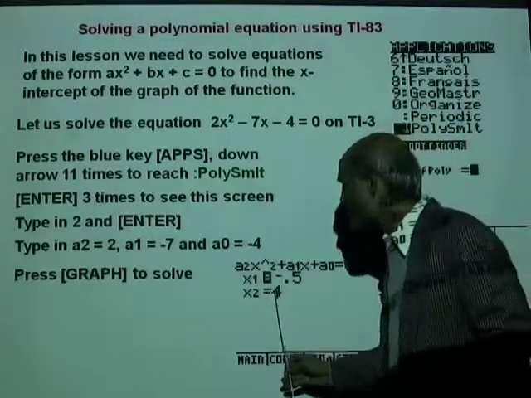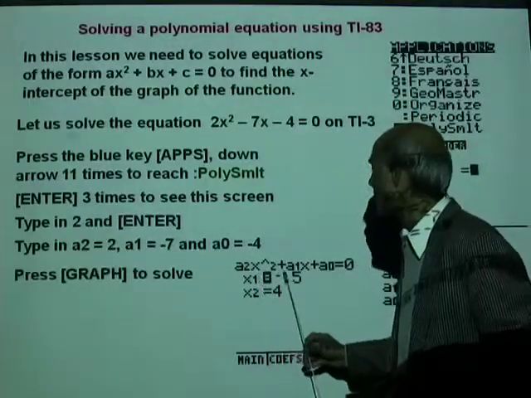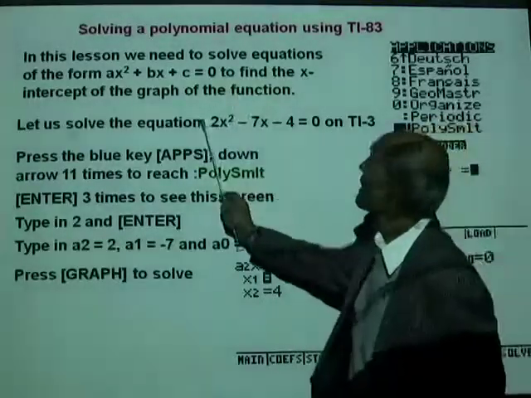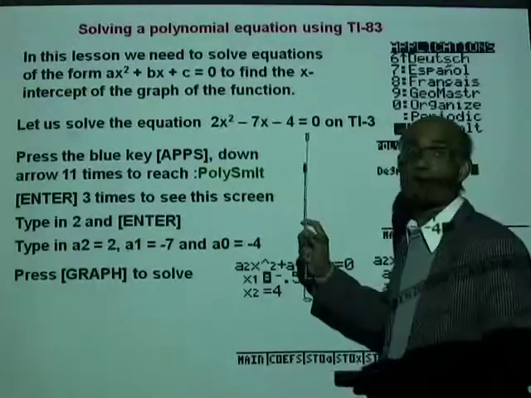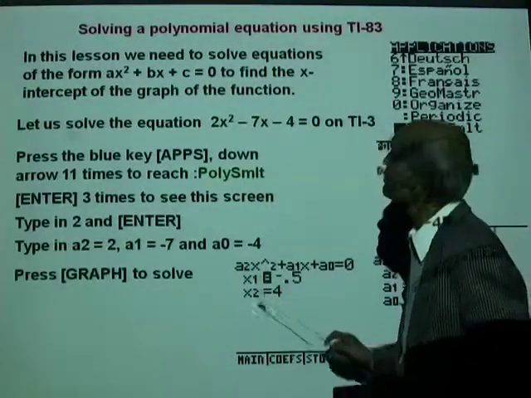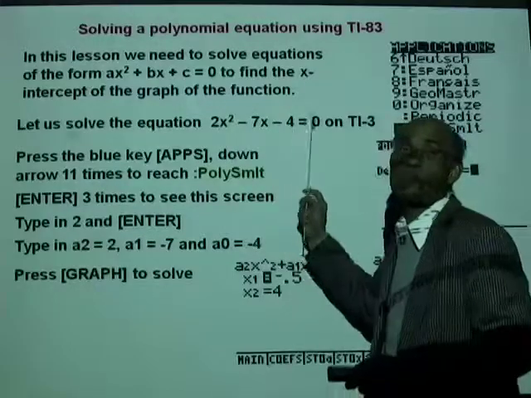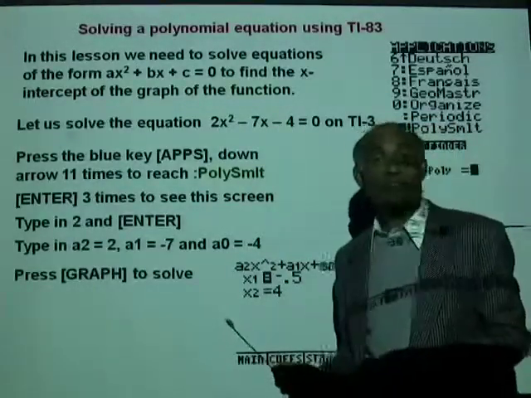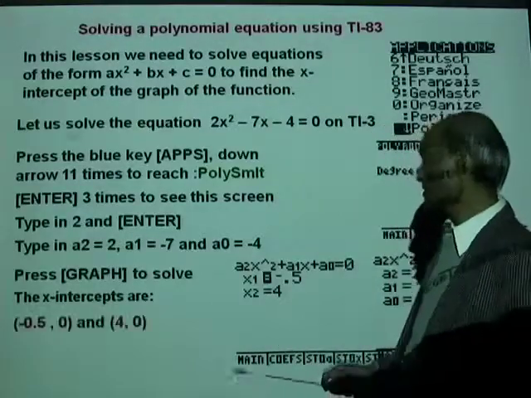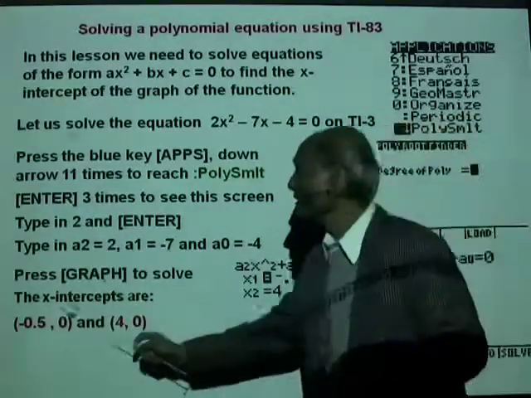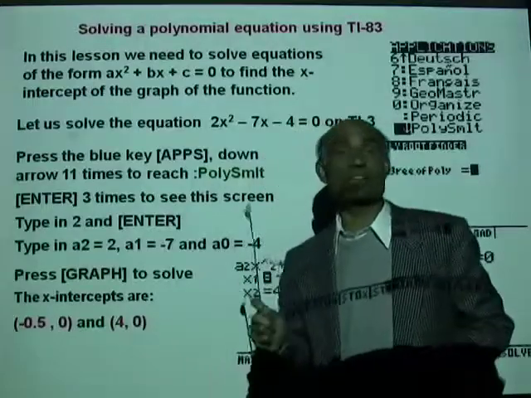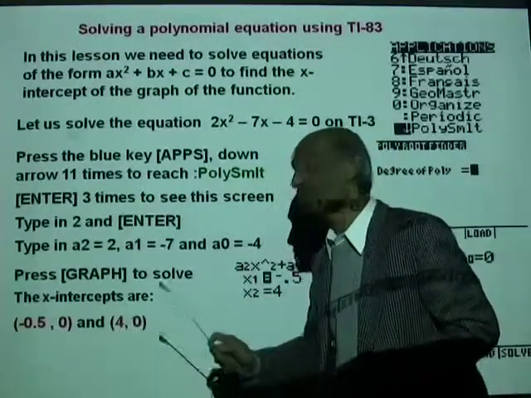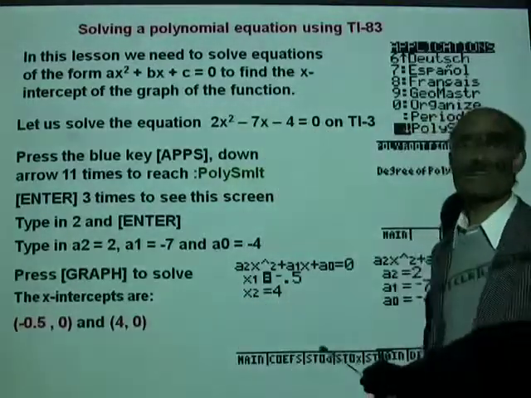What the calculator tells you is that when x equal to -0.5, this function will be 0. And also when x equal to 4, the value of the function is 0. These are the x-intercepts. So what are the x-intercepts? -0.5, 0 is one x-intercept, and 4, 0 is the second x-intercept.